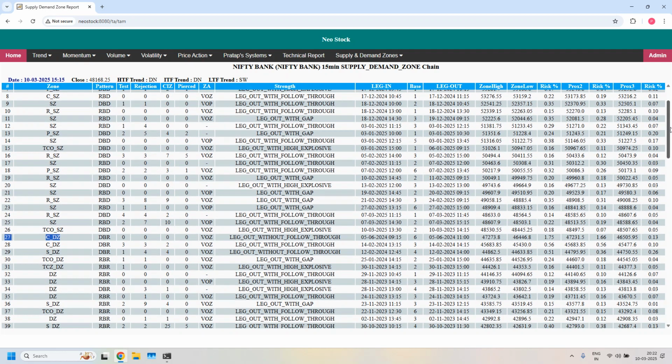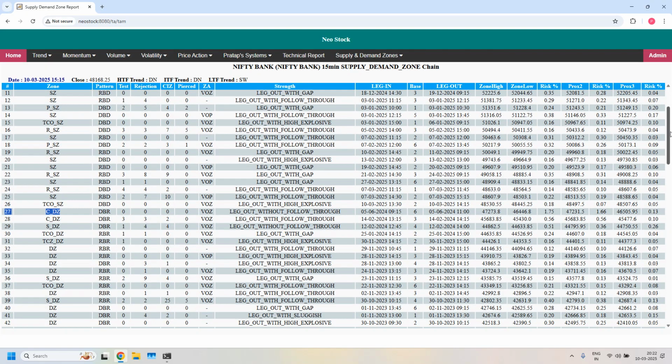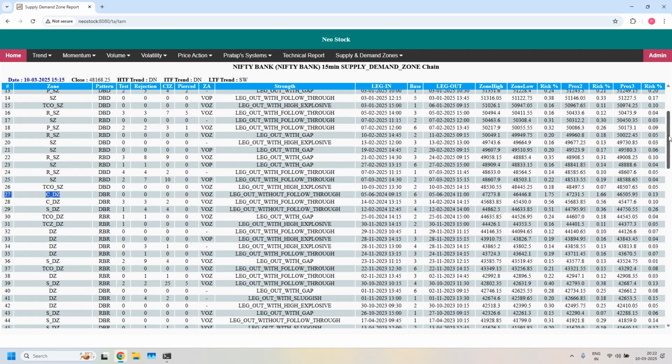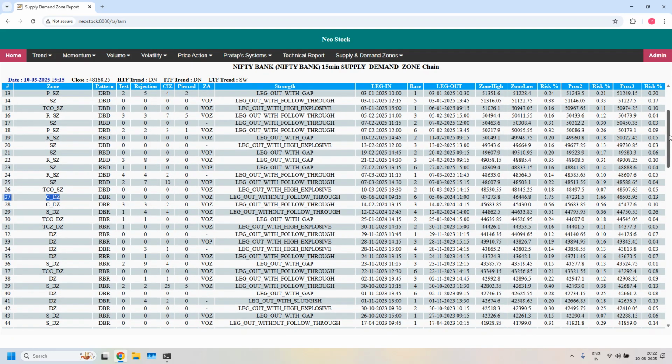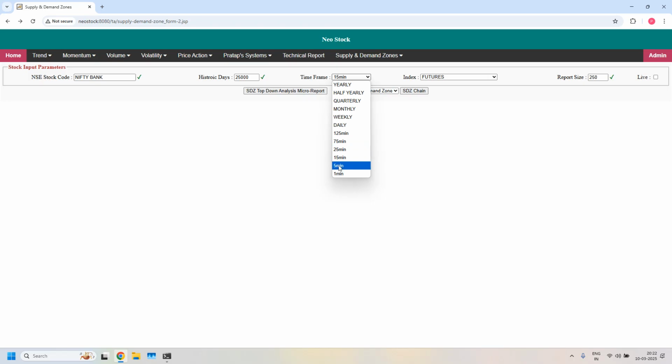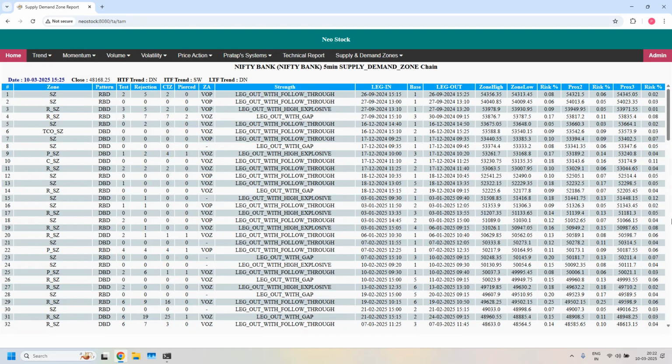Let me keep it in the center. Okay. Next, 5 minutes supply demand zone chain for Nifty, I mean Bank Nifty. So all our Bank Nifty supply zones, scrolling the list down.